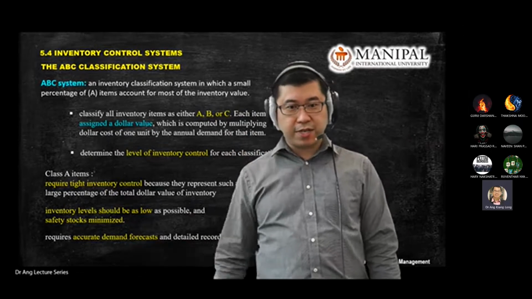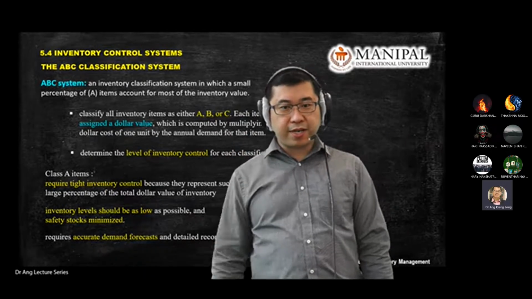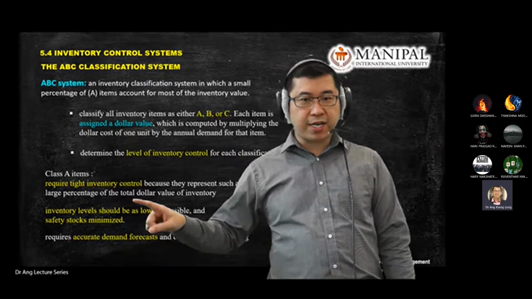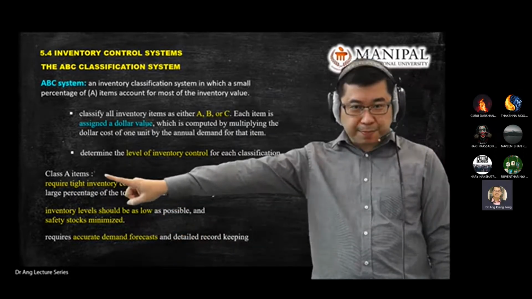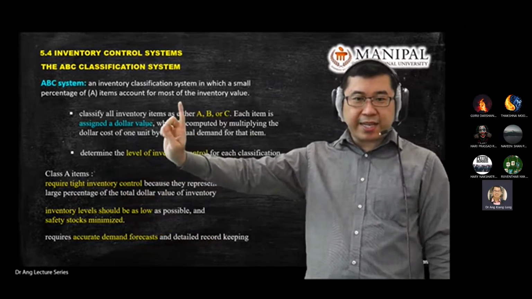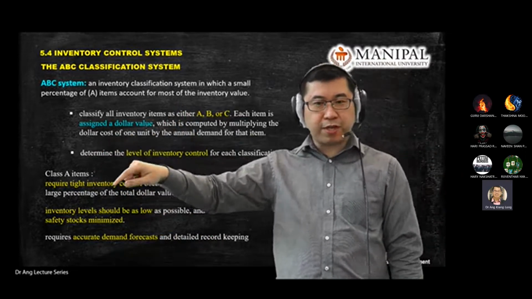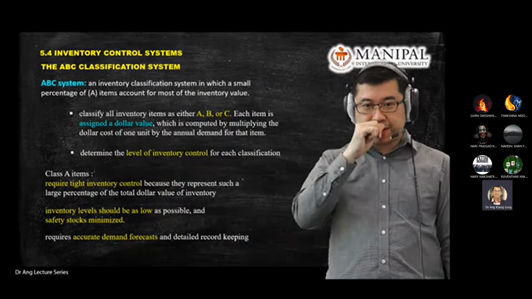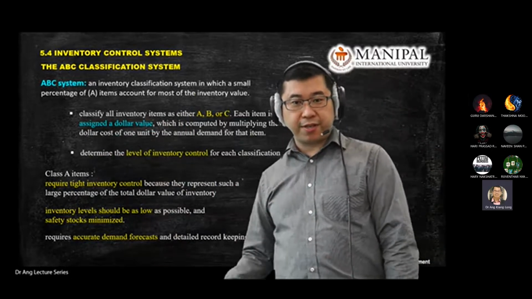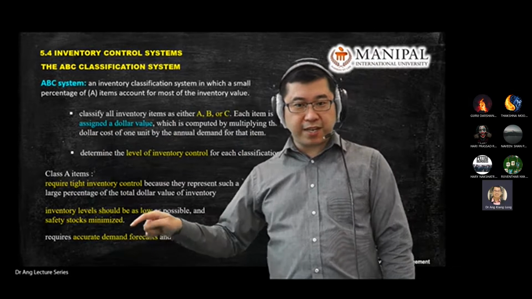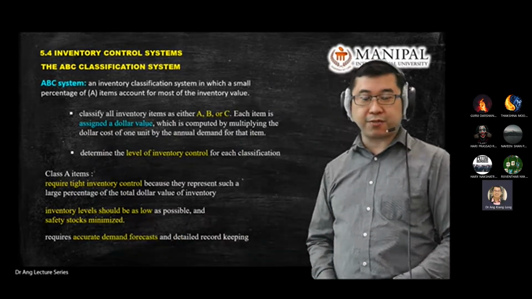You can still use them, but pick the most accurate method for demand forecast for class A. Because they are expensive and they contribute most of the total cost, 80% of the value of the inventory you have. That's why you need a very accurate demand forecast for that.